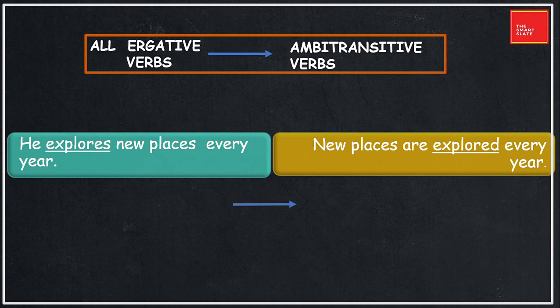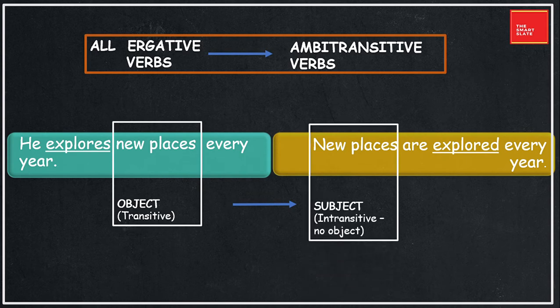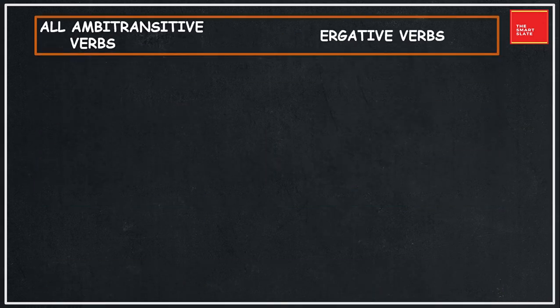In the second sentence, there is no object. So the object of a transitive verb is now the subject of an intransitive verb. That means this ergative verb is acting as an ambitransitive verb as well. So all ergative verbs are ambitransitive verbs, but not all ambitransitive verbs are ergative verbs.